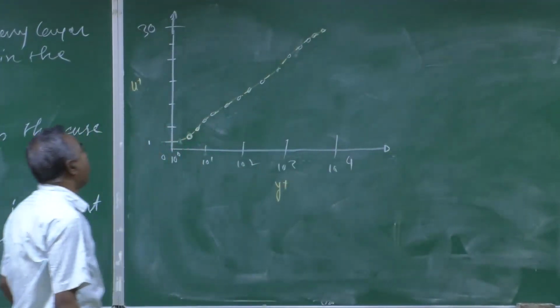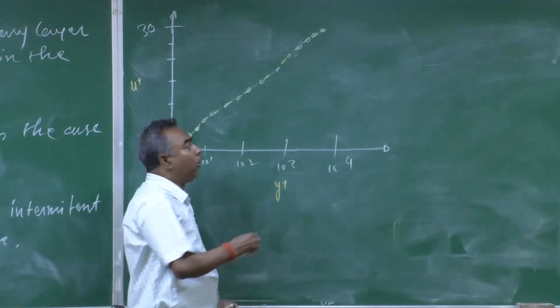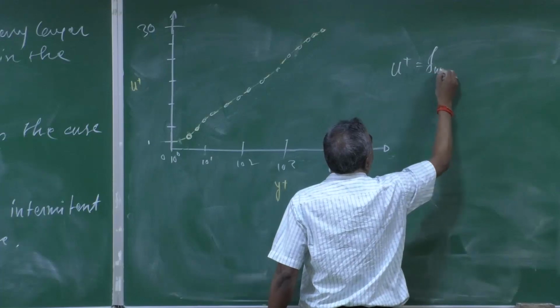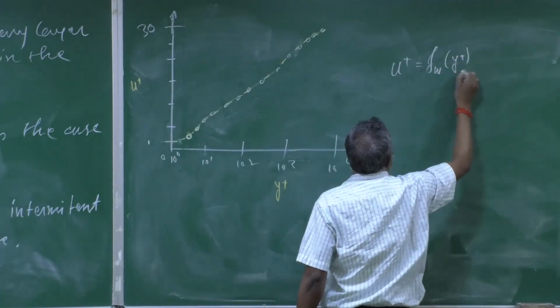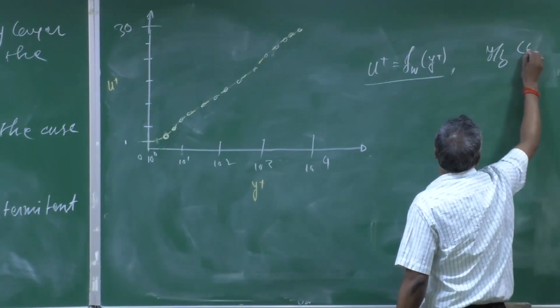Okay. The question is, since the inner law holds good, that is u plus is a function of y plus, and holds good for the inner layer, that is y by delta less than 0.1.